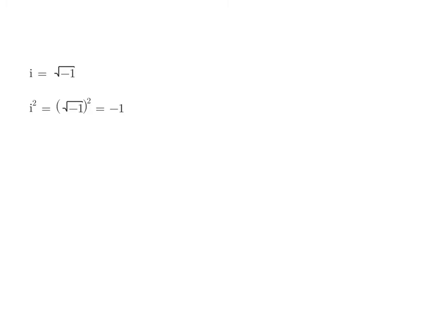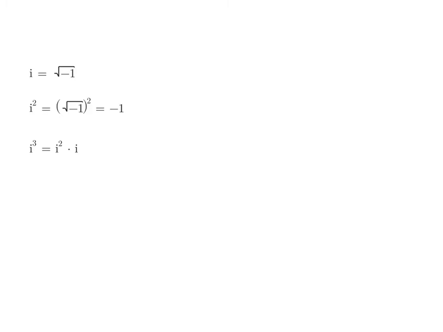We have two other ones that we have to look at. We have to look at i to the third. I'm going to give you 4 things here that you need to know. So i to the third is really i squared times i. Well, we already know what i squared is. It's just negative 1. So what's negative 1 times i?